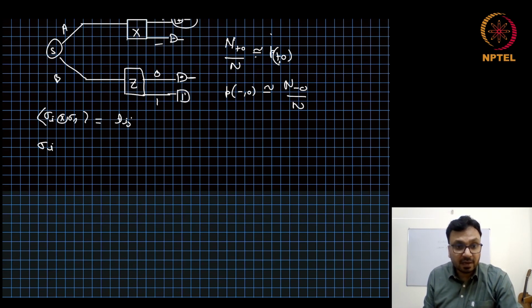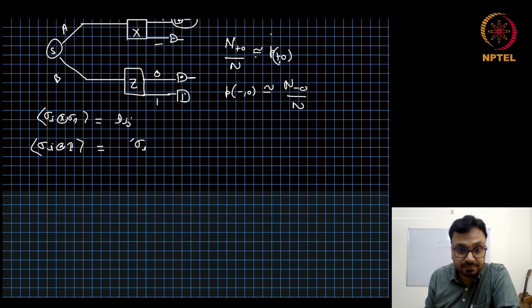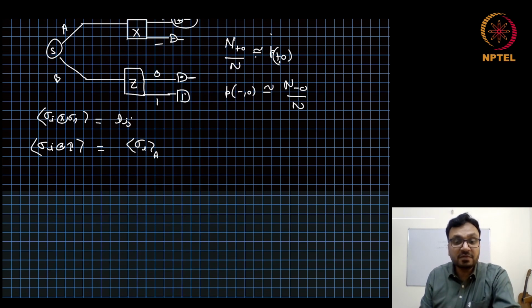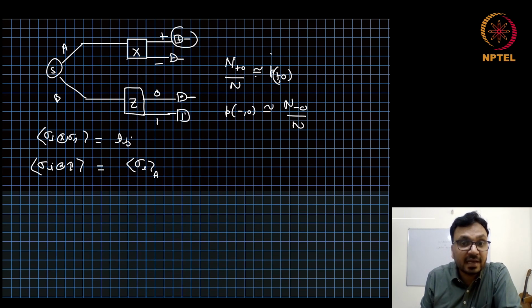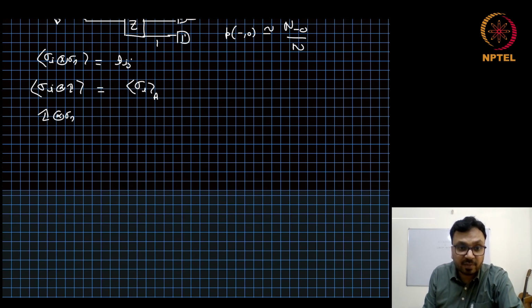But this is sigma i tensor sigma j. What about sigma i tensor identity? This is nothing but doing nothing, literally doing nothing, on qubit B and performing measurement of sigma i on qubit A. Subsystem A does not care what is happening in subsystem B and calculates the probabilities P plus and P minus, and P plus minus P minus will be the expectation value of sigma x for subsystem A. Similarly, doing nothing on subsystem A and performing measurement of sigma j on subsystem B will give us the expectation value of sigma j on B, that will give us the Sj.